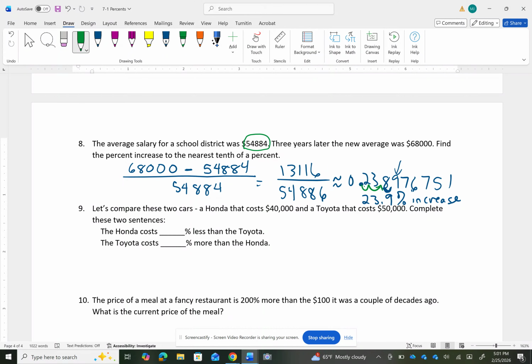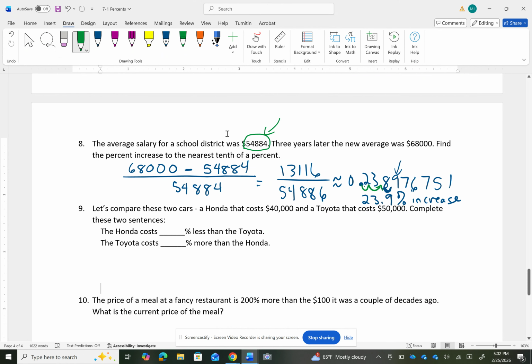So the new salary was a 23.9% increase over this original salary. If I did 23.9% of that and added it back to the 54,884, that would give me the $68,000.